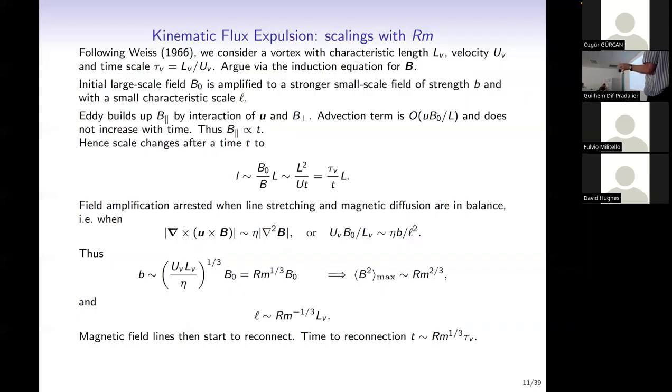And Weiss then said, well, let me balance the advective term, curl of U cross B, against the diffusion term. Now, you have to be careful what you're balancing here. So U is the given scale. It's a vortex, it's a cell. So that's got some size and some scale, big scale.